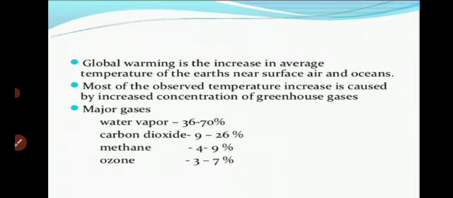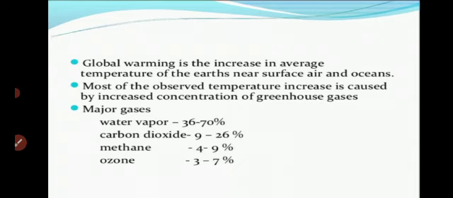The major gases which are increasing are water vapor, carbon dioxide, methane, ozone. The gases recorded in percentage are water vapor, which is 36 to 70%, as a concentration of greenhouse gases which are increasing.